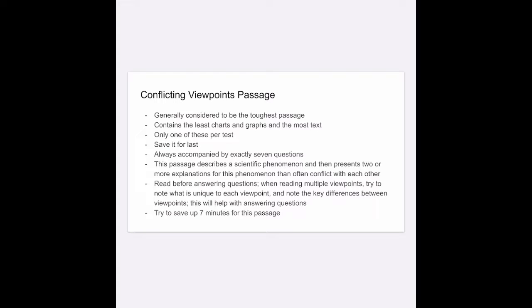Let me go to the final page. So this is the total breakdown of the passages, how many questions you'll be doing, and in how many minutes. The data representation passages cover 12 questions, and you should spend a total of 10 minutes for them.